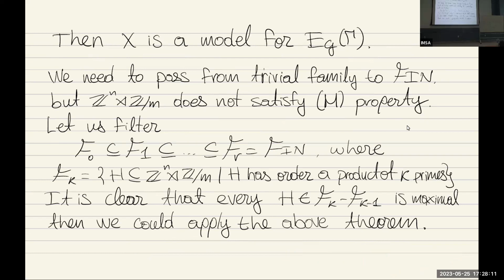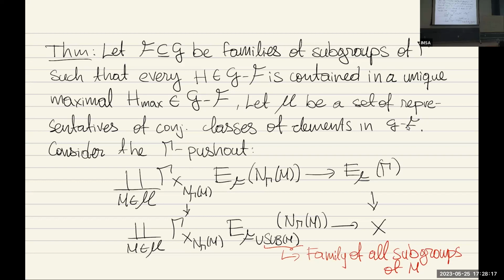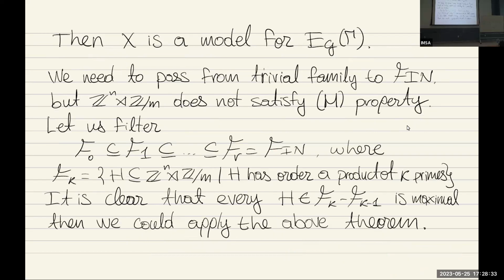Then X is a model of the classifying space of the big family G, and we construct a model of the classifying space for the family G in terms of models of smaller families F, F, and F union the family of subgroups of M. What is the idea?